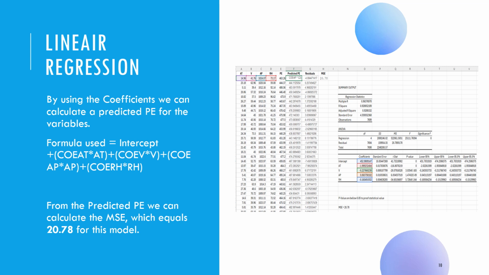The formula used is: I have the intercept, I add the product of the coefficient of the temperature and the temperature itself, the coefficient of the humidity with the humidity itself, the coefficient of the relative humidity and the humidity itself, etc. From the predicted PE, we can calculate the mean squared error, which equals 20.78 for this model.